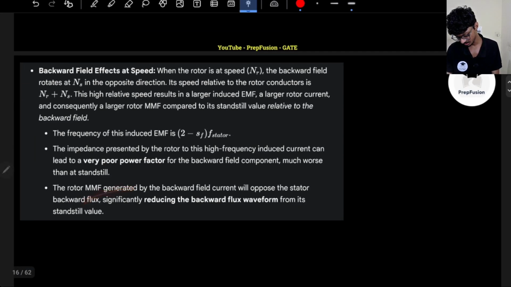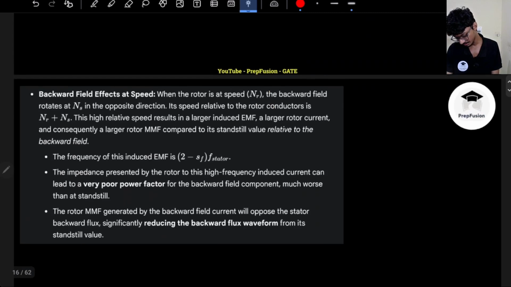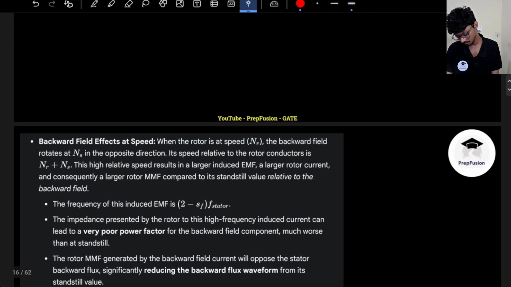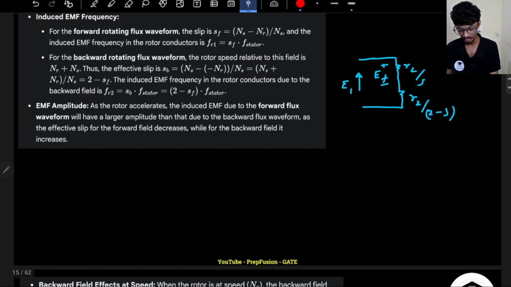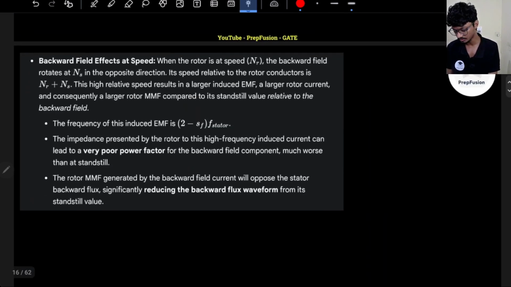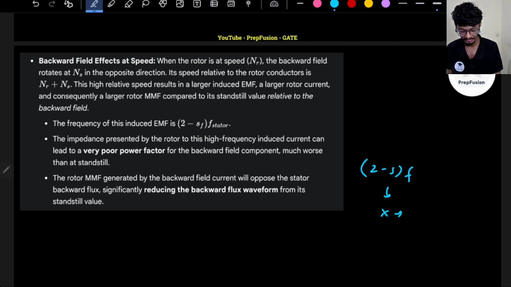I don't need to explain much here, but one more thing is there. For the forward field, remember what is the frequency of the induced EMF? Remember this was the equivalent circuit, but actually the frequency of the induced EMF depends on the slip, right? So if my slip is very high, that is 2 minus S into F, then the leakage reactance also will be very high, right?